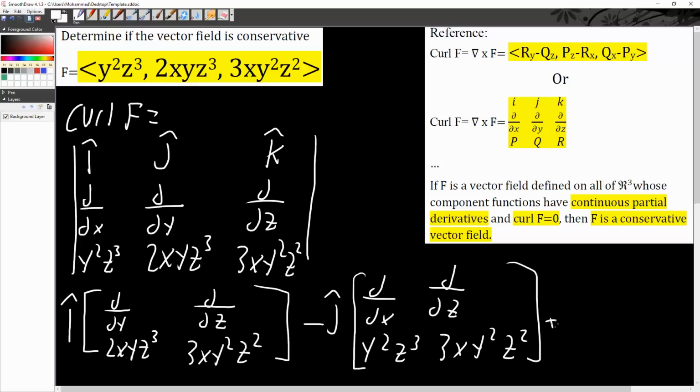Then we do k, so we can say plus k. If you go right, we have no terms. So we go diagonally to the left, and this is our box, these four terms. We have a partial derivative in terms of x, partial derivative in terms of y, and below we had y squared z cubed and 2xyz cubed.